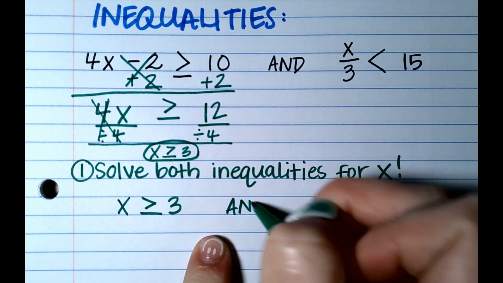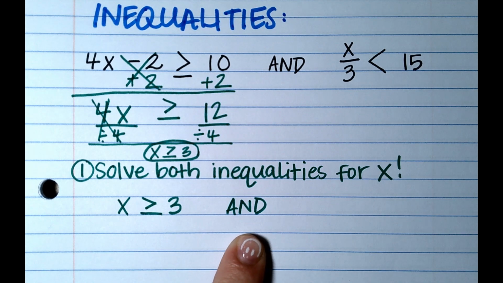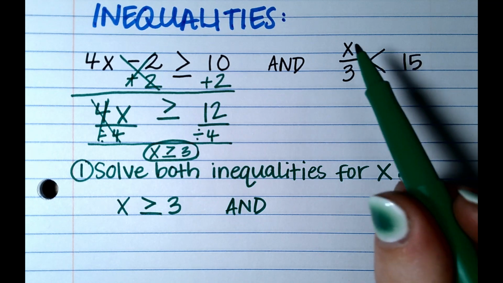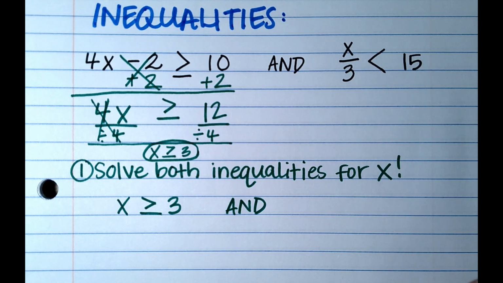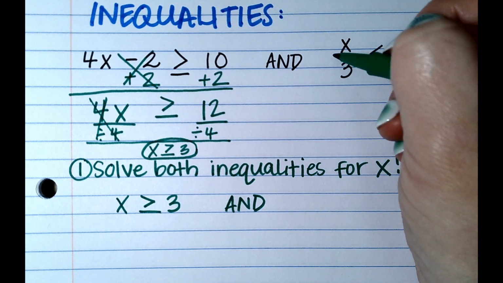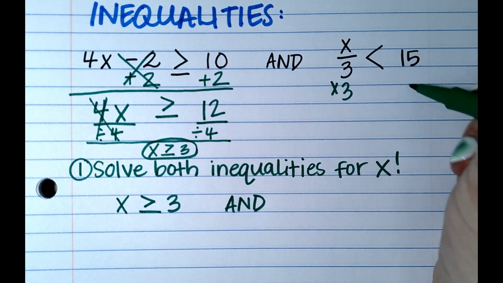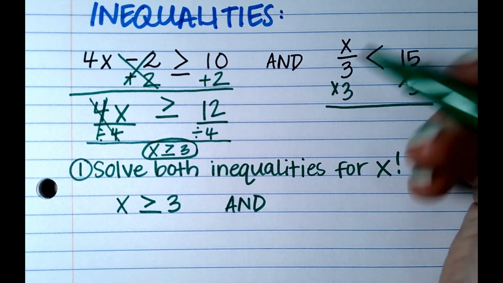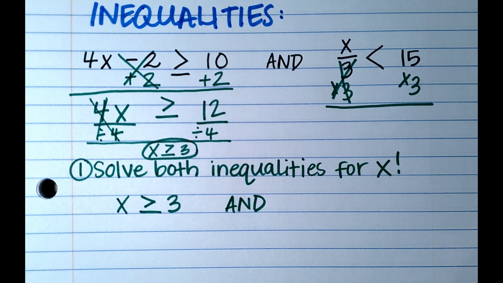And we need to solve for the next one. Yes, we have x divided by 3 is less than 15. So we multiply by 3 on both sides. My 3's will cancel.